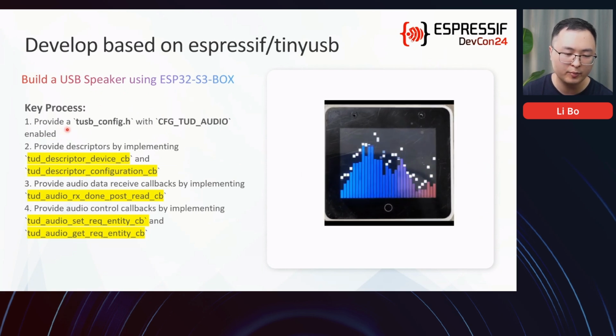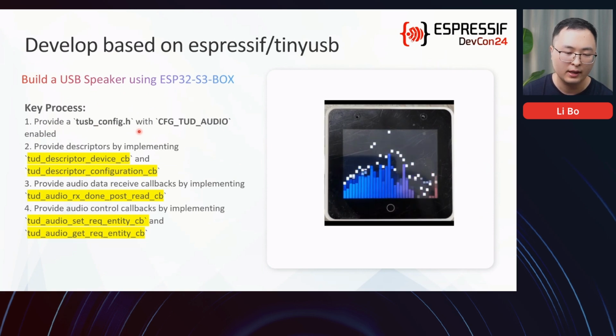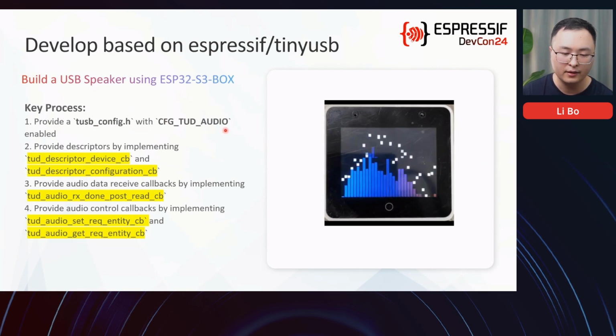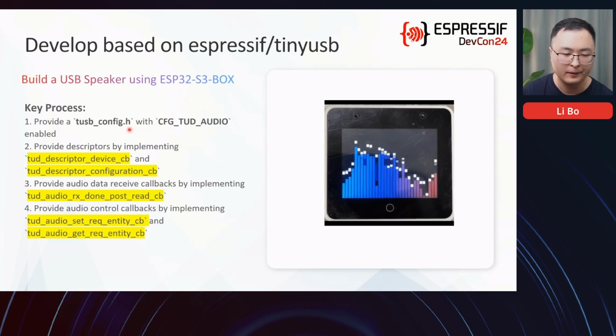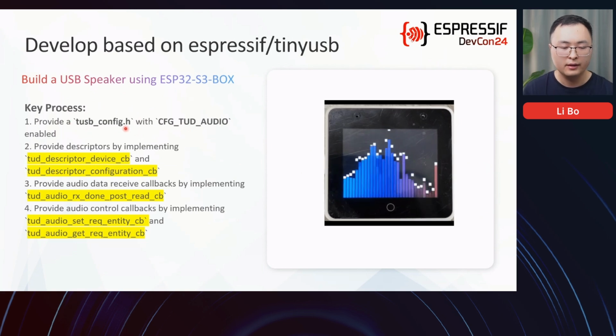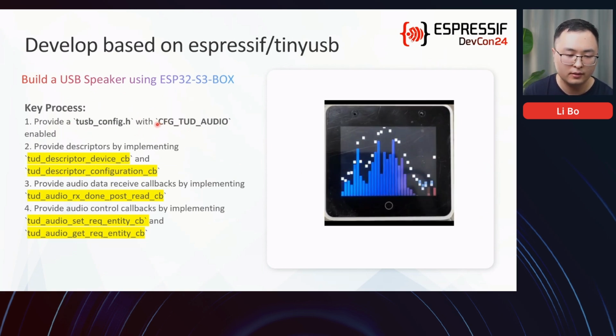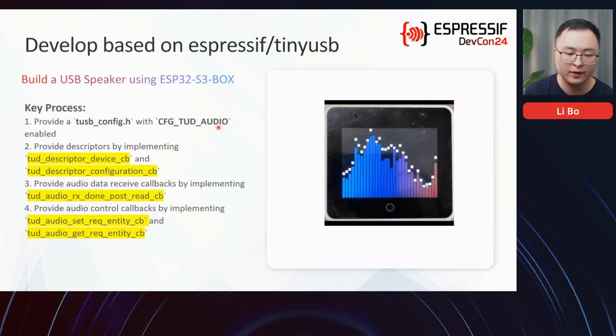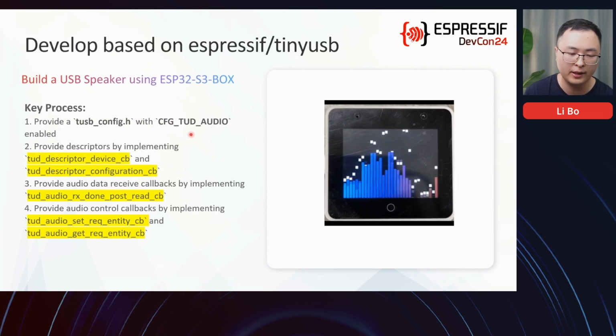First, you need to provide a tusb_config.h file with the config audio enabled set to 1. The whole file you need to provide. You can also just copy paste from another project and modify the corresponding configurations manually.